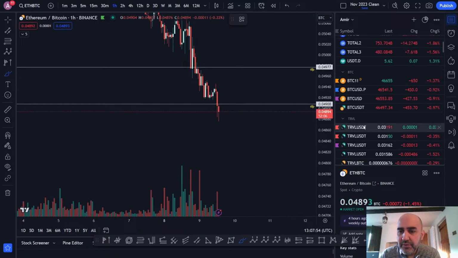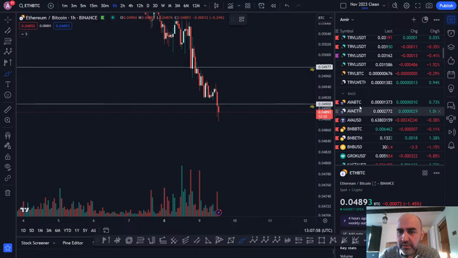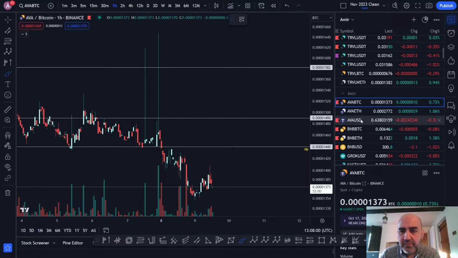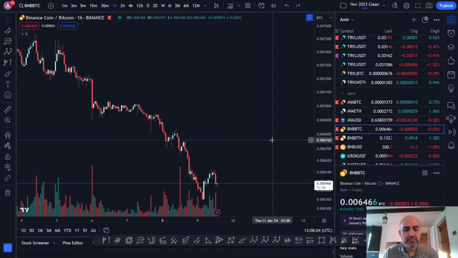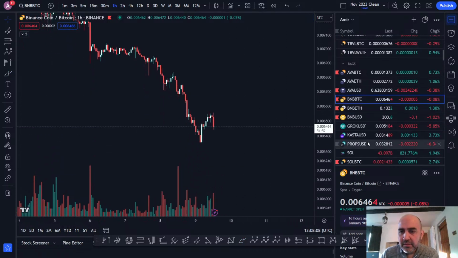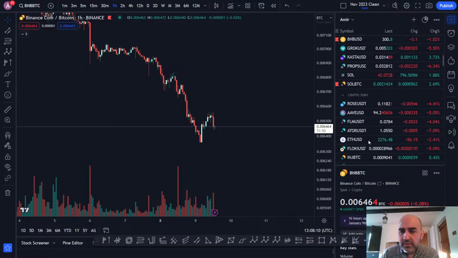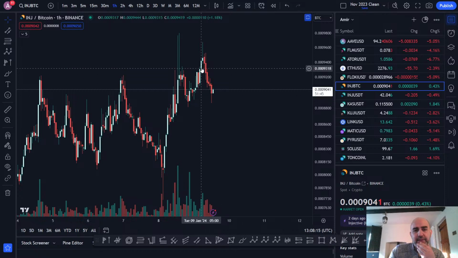Let me see what other coins dumped. Did other coins dump? Not really. Binance has been dumping into BTC. Injective, a little bit, not much.